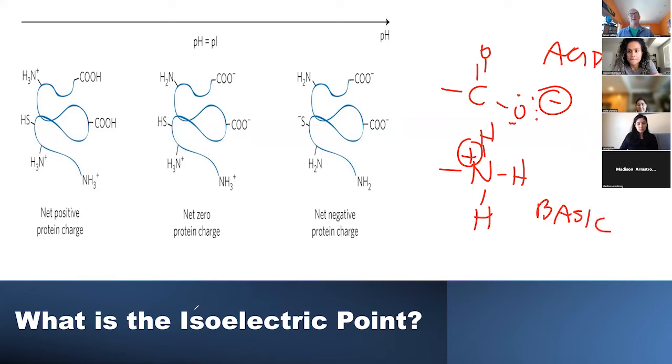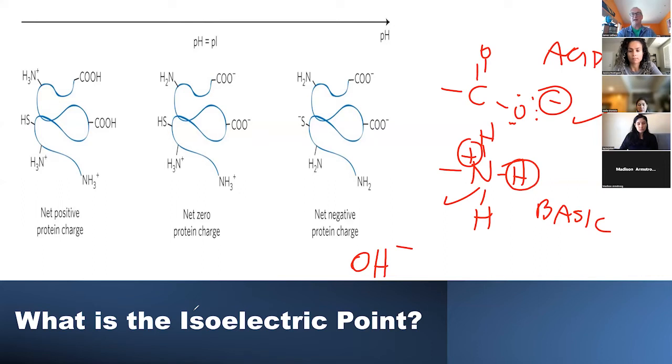So at a neutral pH, some of these are going to be acidic and some of these are going to be basic. As we change the pH, as we make the pH more and more basic, we increase the concentration of hydroxide ions. And what that does is it pulls off these protons and makes water.